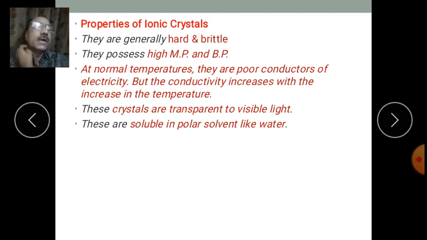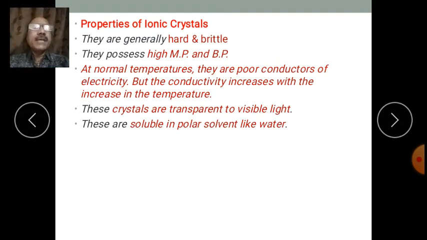So the outermost orbit is full. There are no free electrons. That is why they are poor conductors of electricity. But the conductivity increases with increase in temperature. As temperature is increased, a few free charges become available.